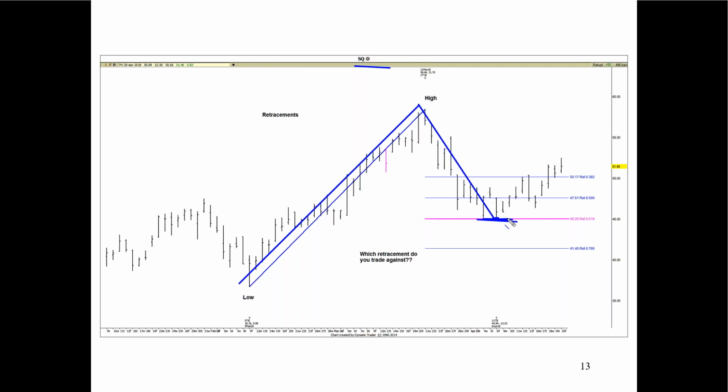I don't use single levels. What I look for, and you'll see by the end of this presentation, is clusters, and the clusters identify the more important areas of support and resistance. That, along with what I like to call a trade trigger, is what you use to make money with this work. In this case, you only got a reaction off the 0.618 retracement.